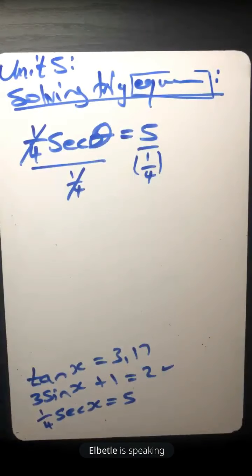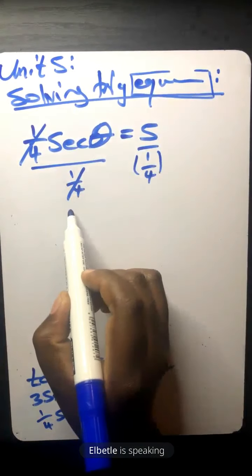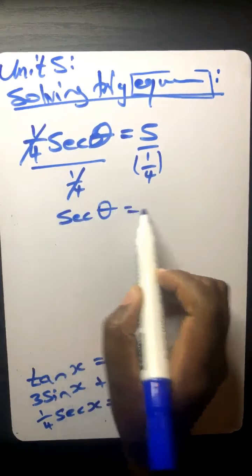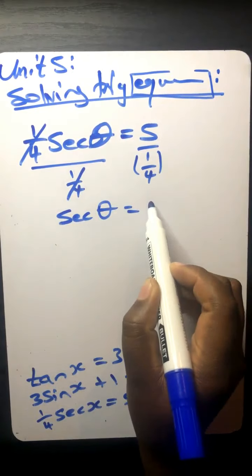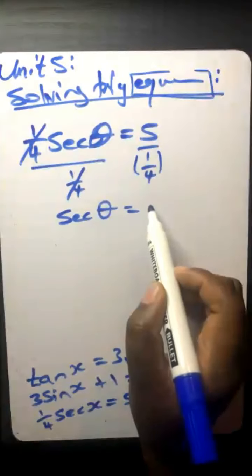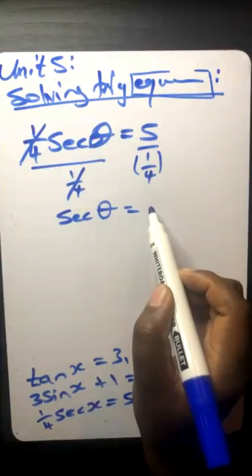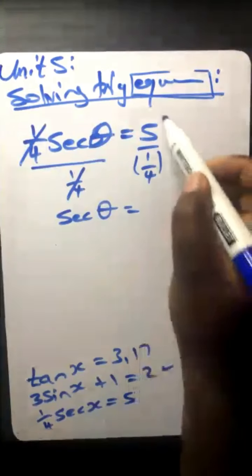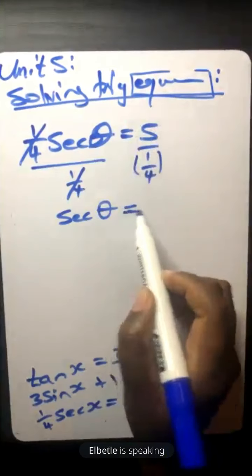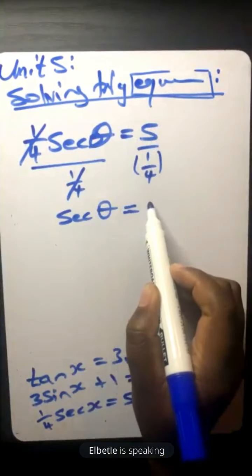Okay, so we get 20, so it's going to be sec theta is equal to, but then wait, those reciprocal. No, you are on the right track. You are just simplifying that previous step. Yeah, so sec theta is equal to 20.